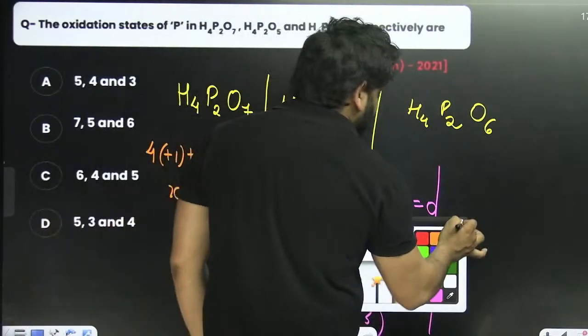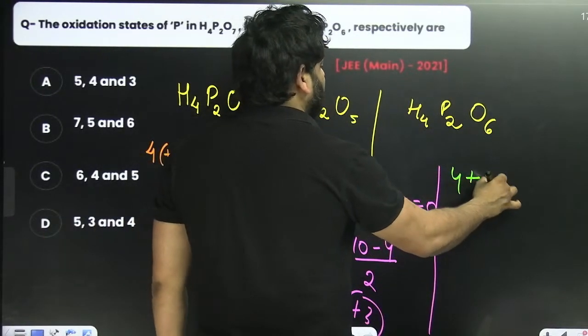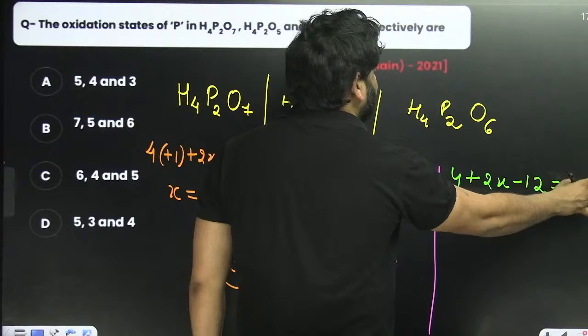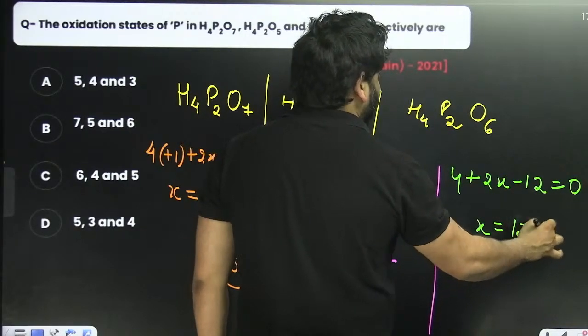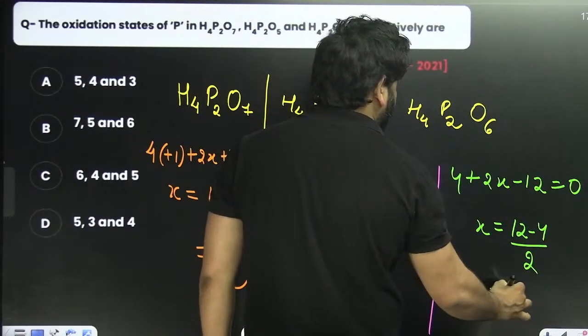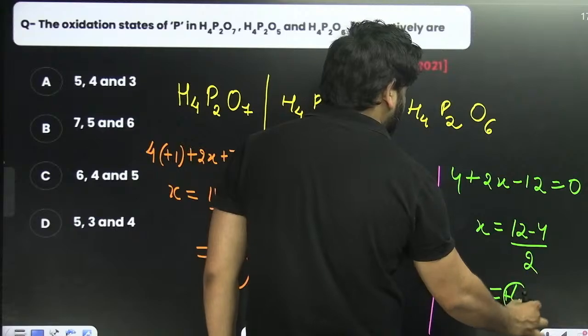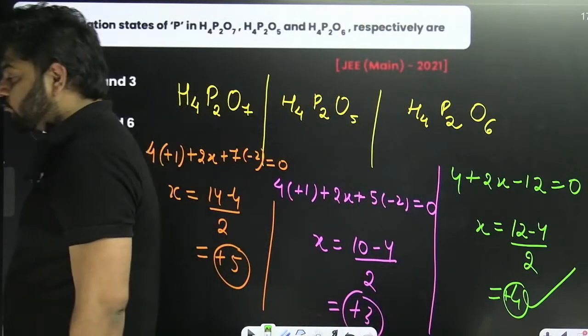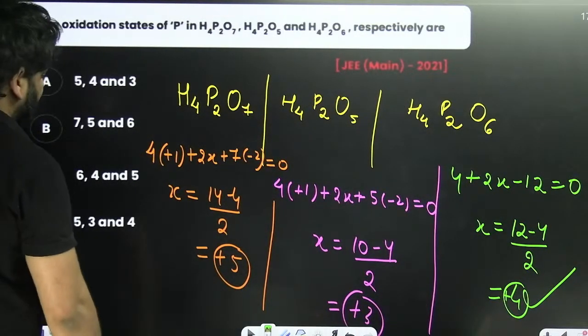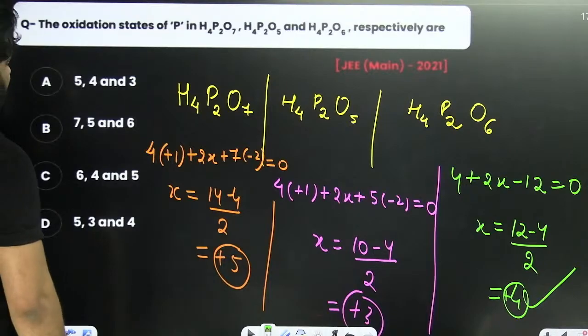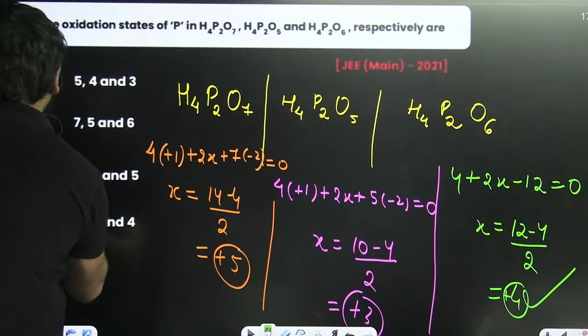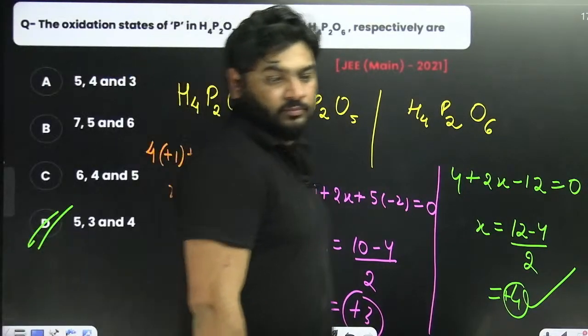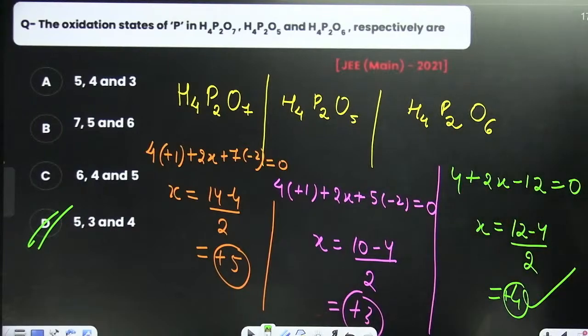And the last, 4 plus 2x minus 12 equals 0. x is 12 minus 4 upon 2, which is 8 by 2, equal to positive 4. Correct answer: 5, 3 and 4. Where can you find 5, 3 and 4? D. This question came in JEE Main 2021.